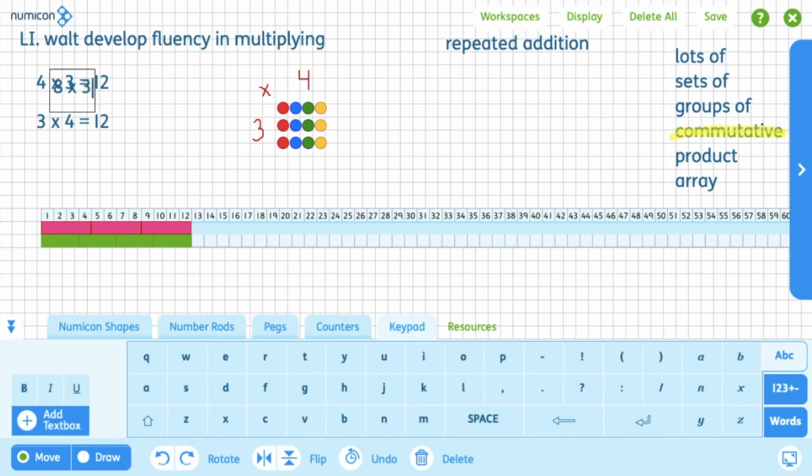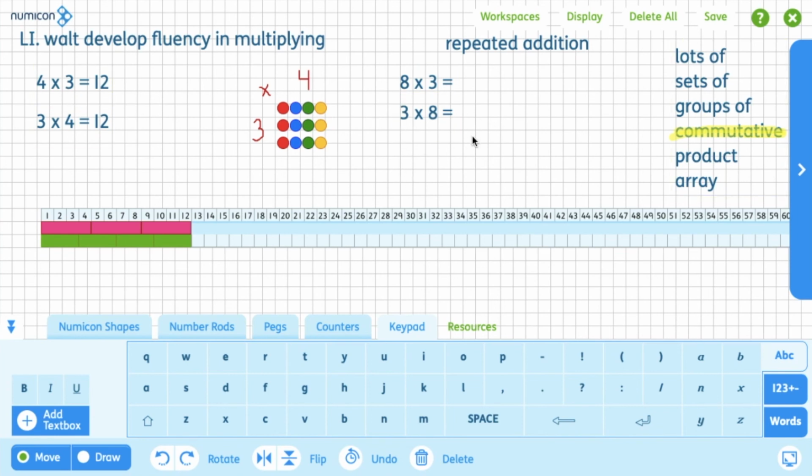Say you end up with a question that is 8 times 3 one day, and you go, oh, I don't know my 8 times table. Fine, flip it on its head. Just flip it round. 3 times 8 instead, and then all of a sudden it seems a little bit less daunting. Because you probably do know your 3 times table, so instead of struggling to figure out your 8 times table, just flip it on its head to be your 3 times table.